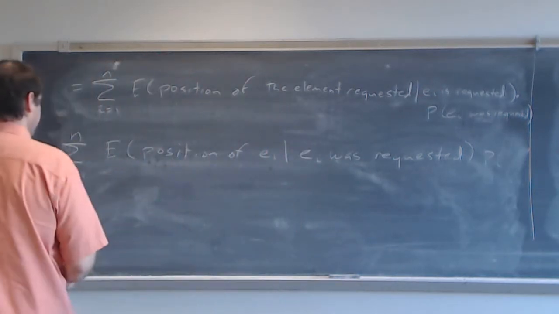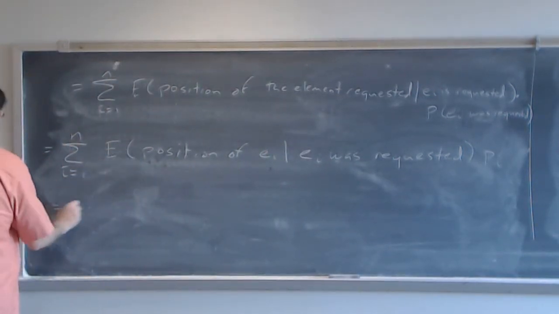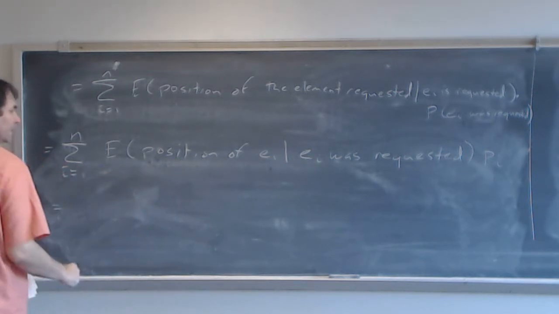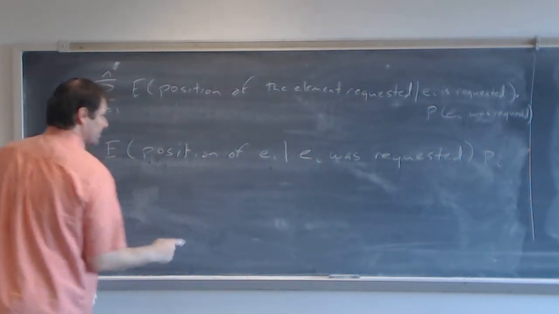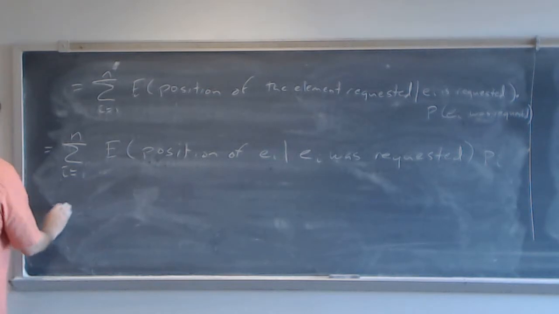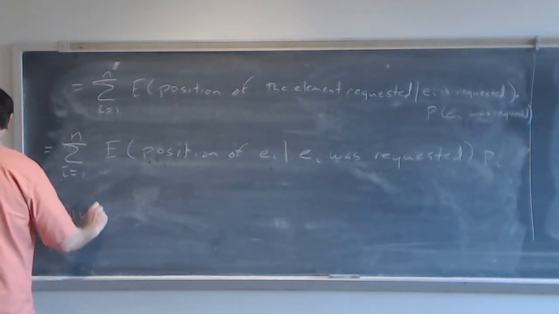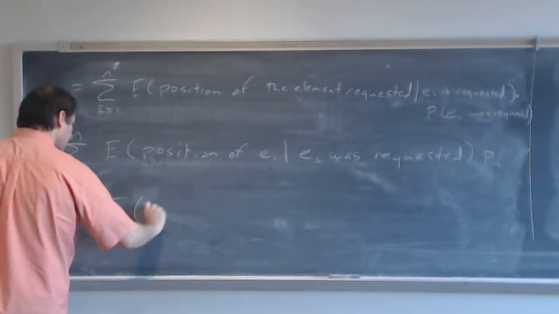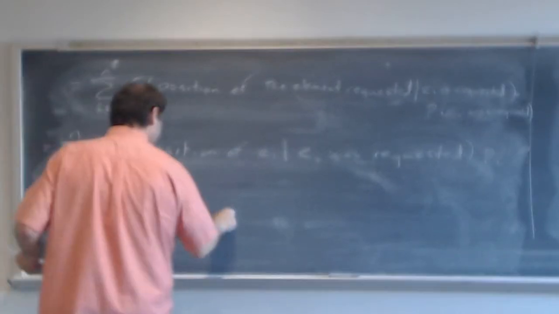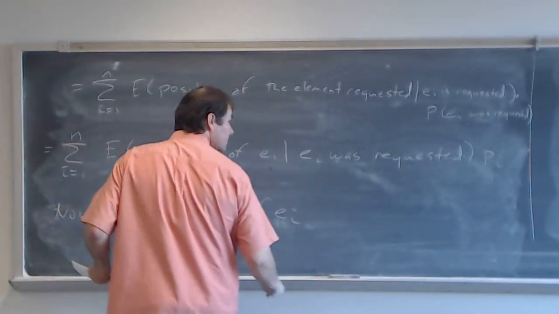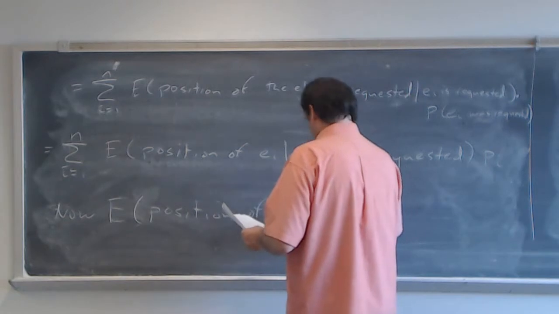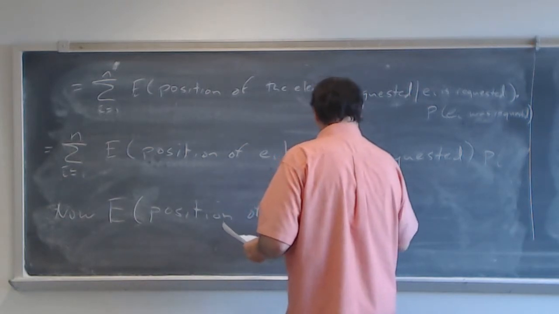Okay? So those aren't independent. But they expected to. That's why we get this. But this should just be the expected value of the position of E sub I. But let's verify that. So here's how I'm going to verify that. Now, the expected value of the position of E sub I given E sub I was requested.